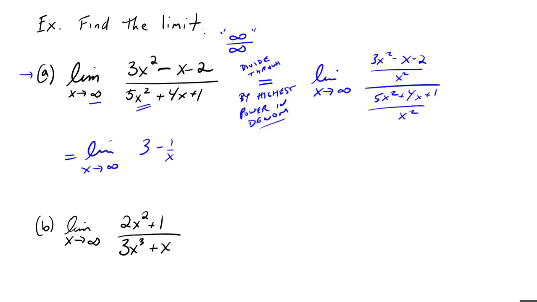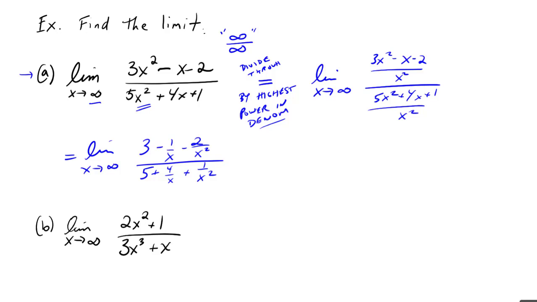And then the minus 2 over x squared. So that would be the numerator. In the denominator, I would get 5 plus 4 over x after reducing plus 1 over x squared. Okay, so that's actually a much better situation now, because now I have things that I can actually do the limit for. So take a look.